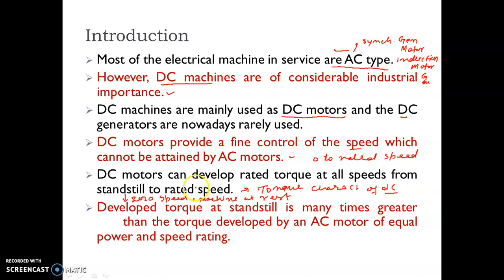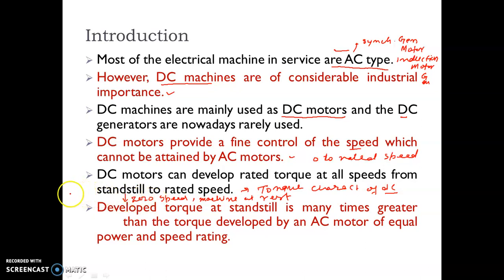In the case of a railway, when a train is at a railway station, its speed is zero. At that time we need very high torque to accelerate the train. So DC machines find very good application there, for railway traction, because we can change the torque from zero speed up to rated speed.